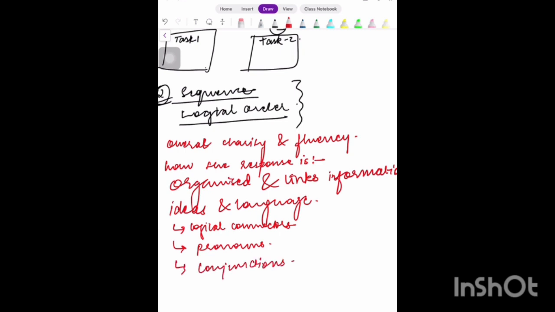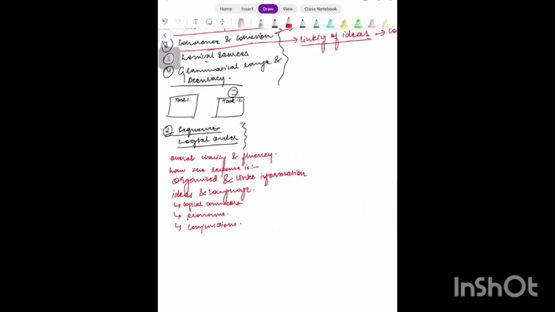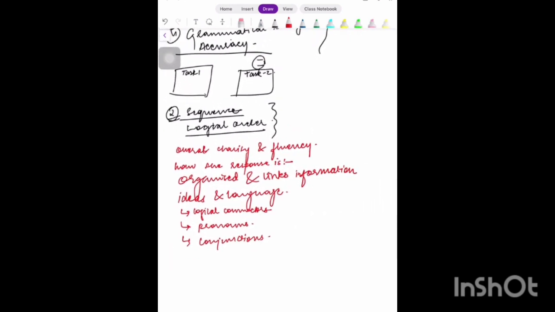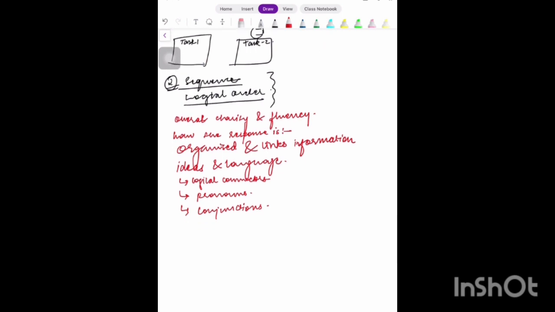Whatever way you can make the examiner feel that you are a smart person and you have control over language. So I am able to explain and think and analyze, and I'm able to write it down in a language that is English. So that is what you'll be doing.